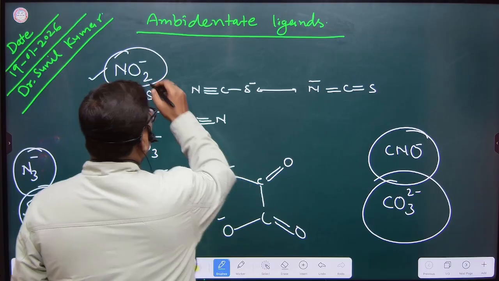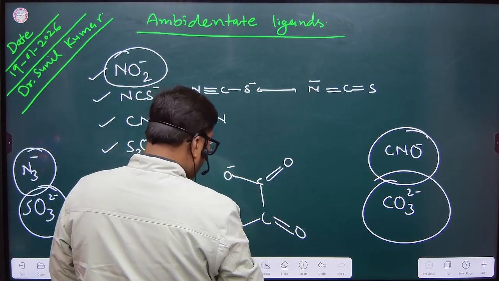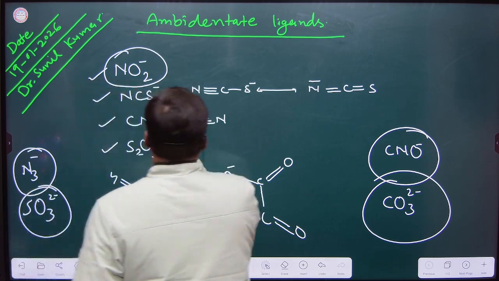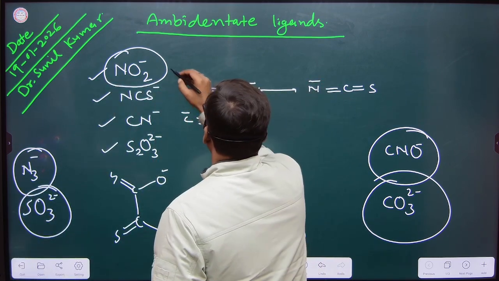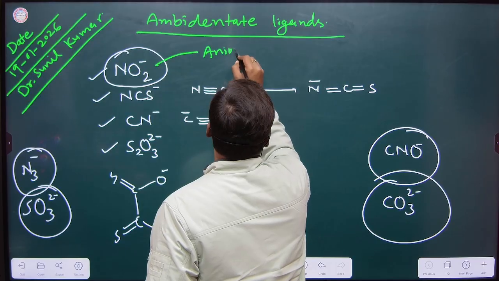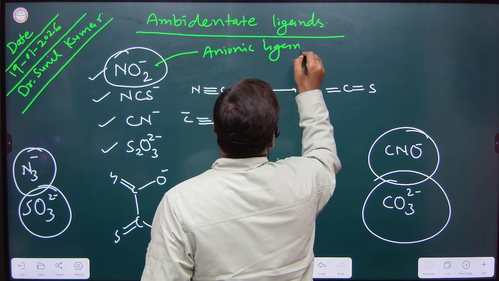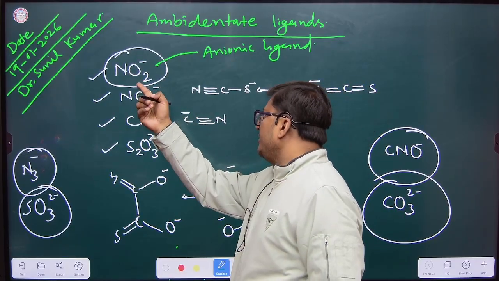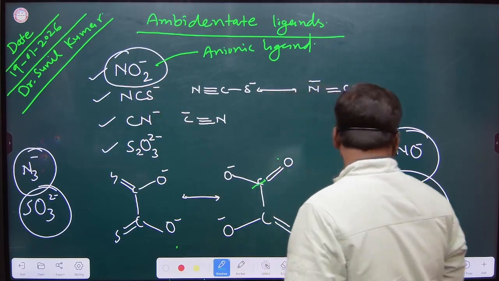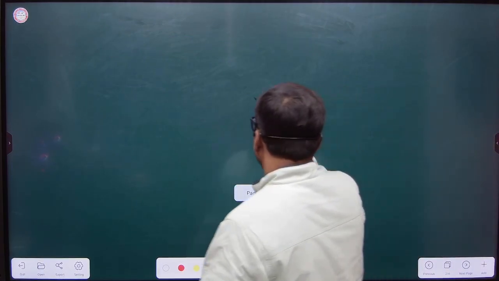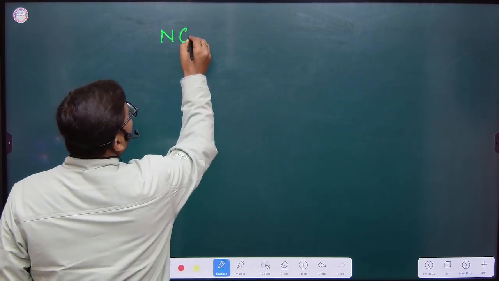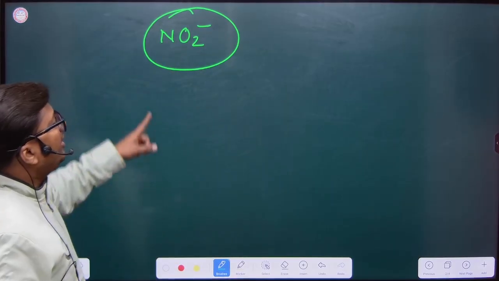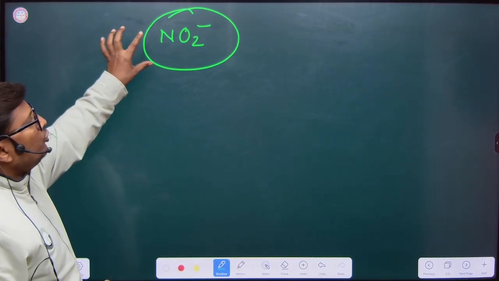This is an anionic ligand. It has two types of elements, nitrogen and oxygen. So this is NO2 minus, a type of ambidentate ligand because of the presence of two donor sites.